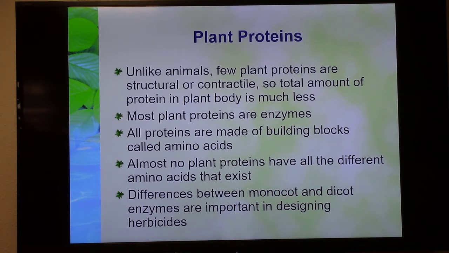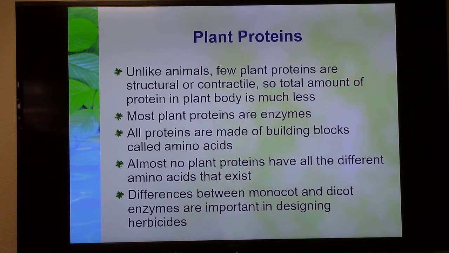Animal protein, and I don't care whether it's from fish or poultry or beef or whatever, all of those amino acids are there. But when you look at plant proteins, some of those amino acids are probably missing. Good thing is that some plants are missing this one and other plants are missing that one. If you know that, you can eat the right things together and you're fine, as long as you eat enough of them.